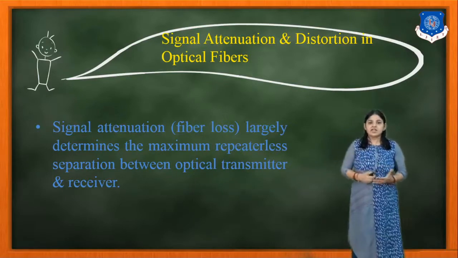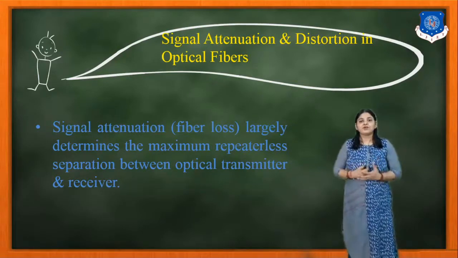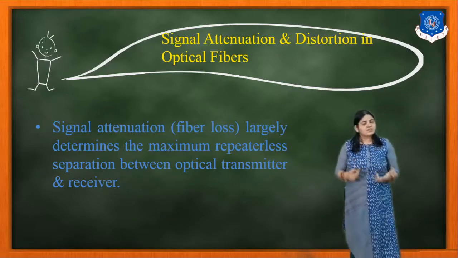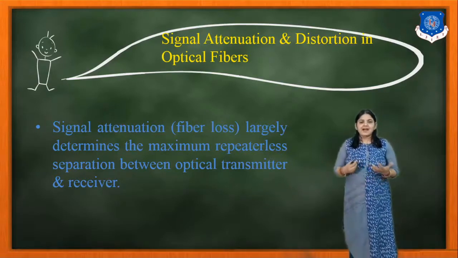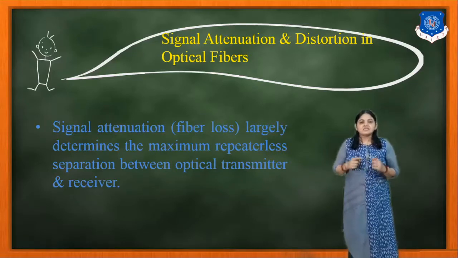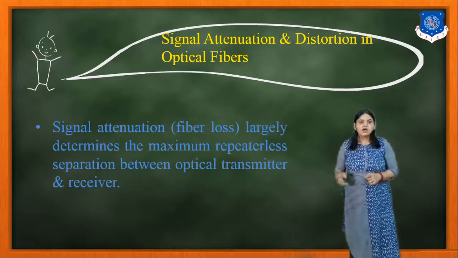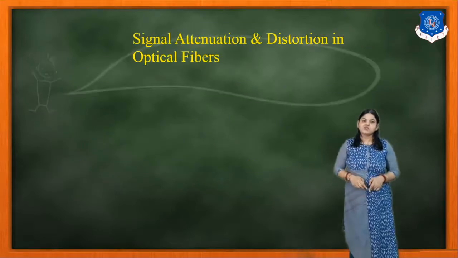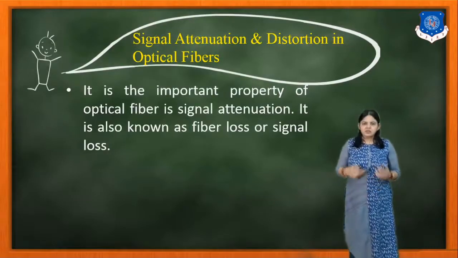Signal attenuation, many a time referred to as fiber loss in optical fiber, largely determines the maximum repeater-less separation between the optical fiber transmitter and the optical receiver.